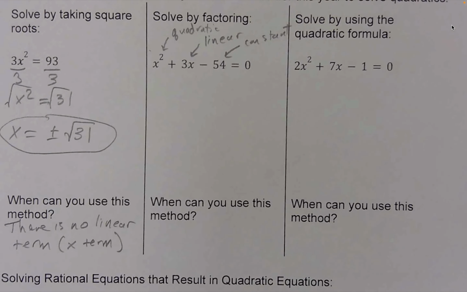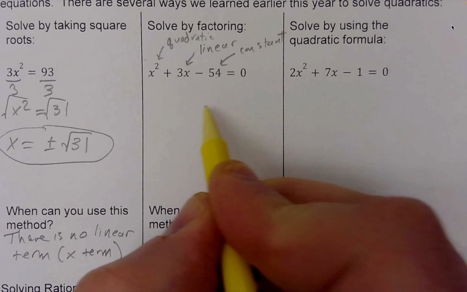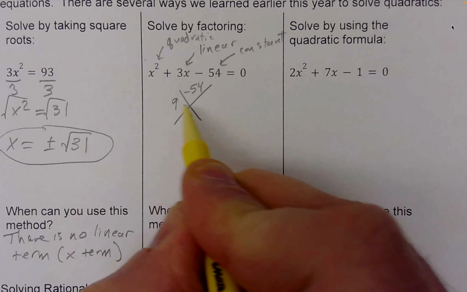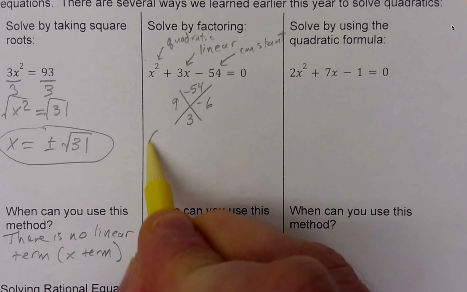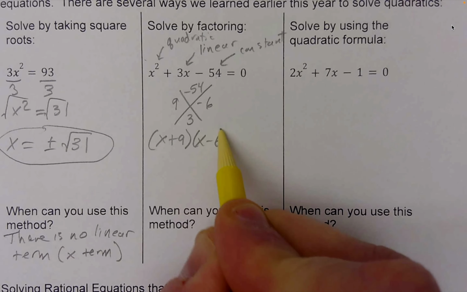Let's do it by factoring. We could have gone a different route too, but let's do it by factoring. So we have to think of two numbers that multiply to negative 54 and add to 3. I think that'd be positive 9 and negative 6. And so you can rewrite this as x plus 9 times x minus 6.